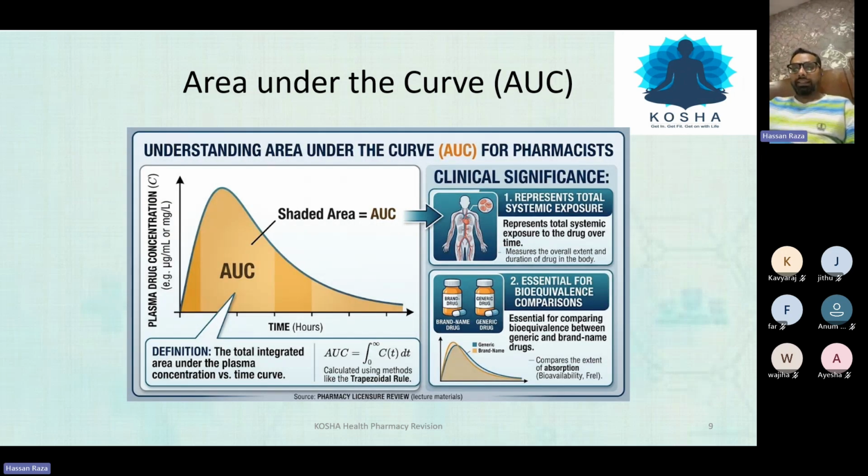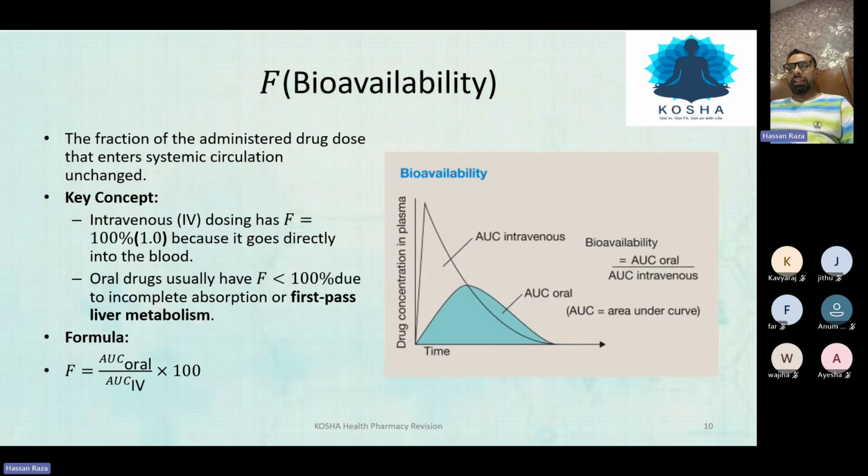So this is area under curve. I have shown we plot a graph between concentration and time, and in later slides I will show how area under curve will help us calculate dosing of different drugs, especially vancomycin.